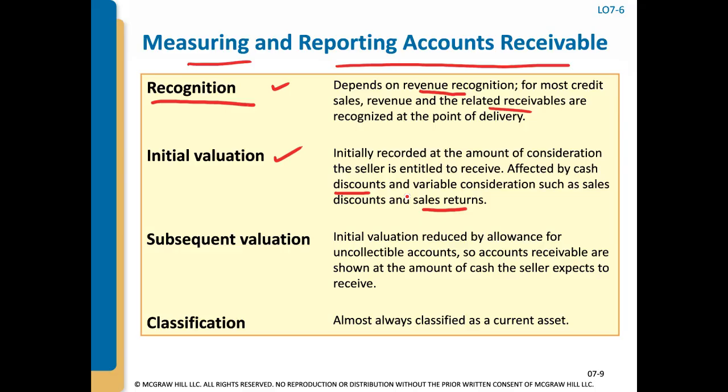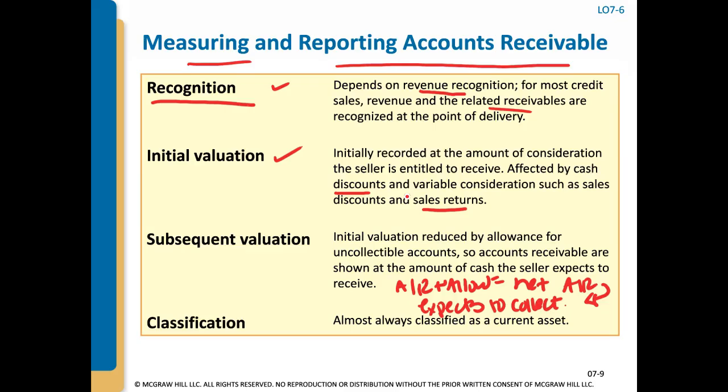And then for the amount that we don't think is going to be collectible, we're going to record an adjustment in the allowance for uncollectible accounts. So when you add up the accounts receivable plus the allowance, it equals the net accounts receivable, which is what the company expects to collect versus what is on their accounts receivable account.